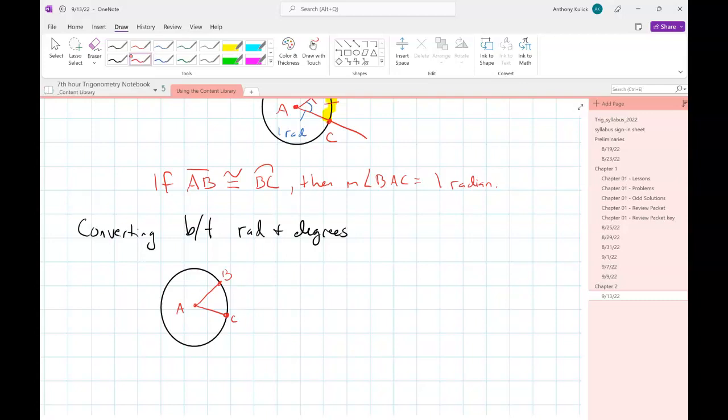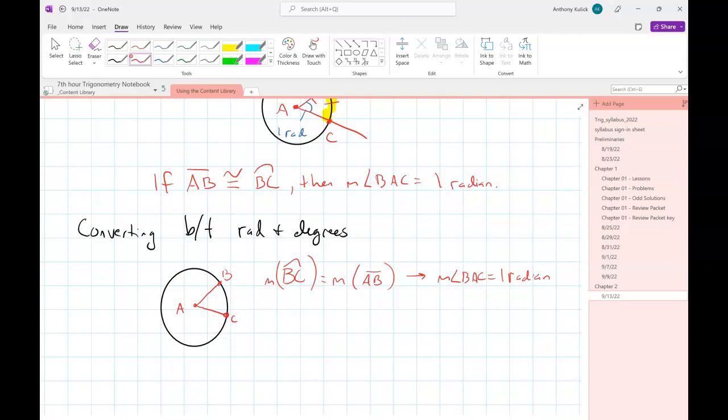So we know that from our definition, if we say that the measure of arc BC is equal to the measure of segment AB, then the measure of angle BAC is equal to 1 radian, right?